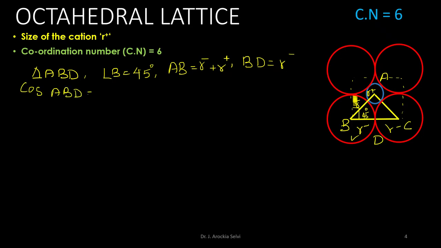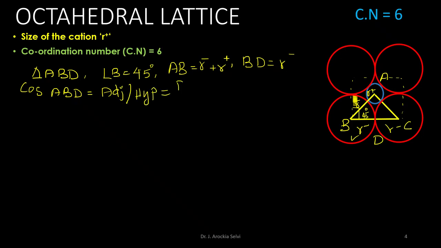What is cos ABD? Adjacent divided by hypotenuse. This is the adjacent and this is the hypotenuse. So the angle is 45. Adjacent to that 45, which side? BD. Then the longer side will be the hypotenuse AB.